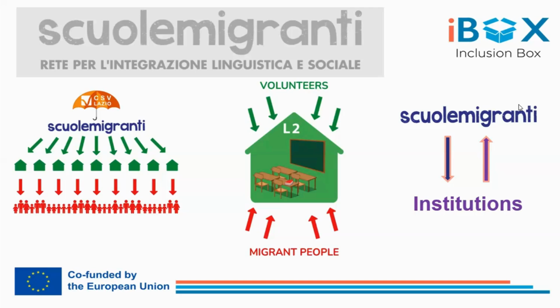And then with the institutions, the work we do is to get in touch with all the problems. There are a lot of problems also in the field of work, because without documents now you cannot even have a phone in Italy. And the new law of the right-wing government is very strict and is trying to reduce the rights of people who do not have all the papers.